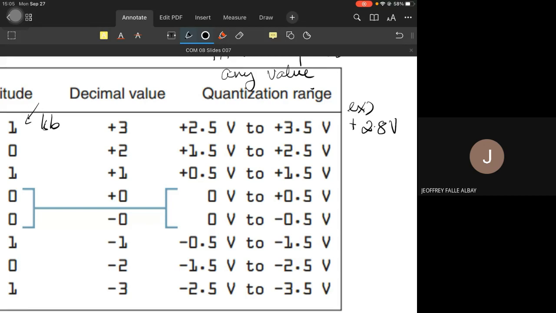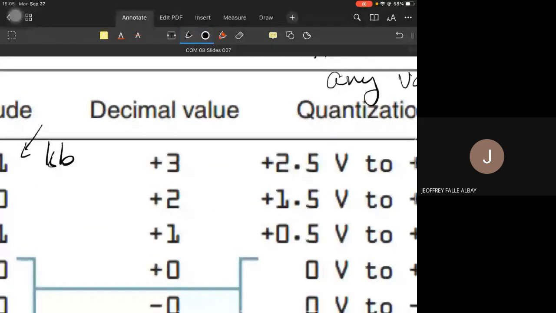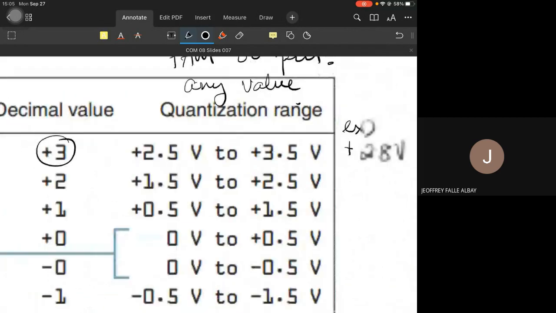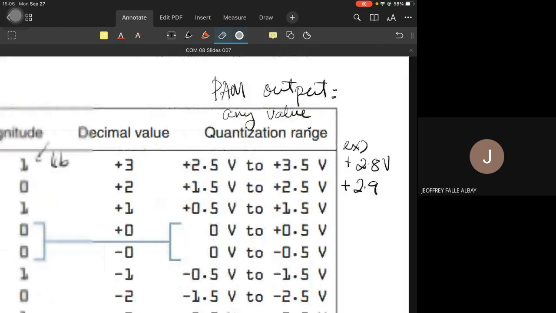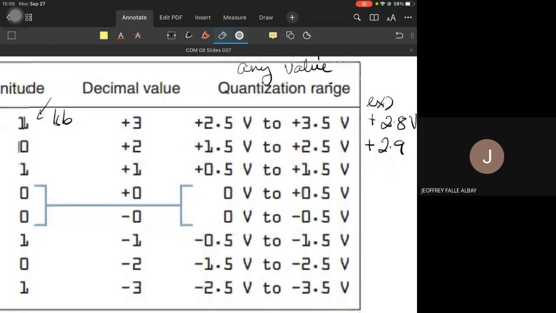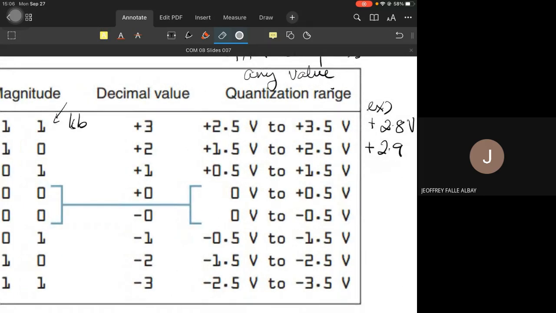After quantization, 2.8 volts is rounded off to 3. For example, the next is 2.9. That also becomes 3. So on and so forth.